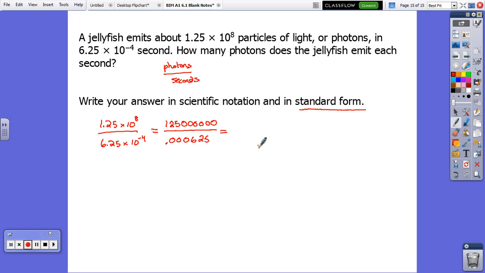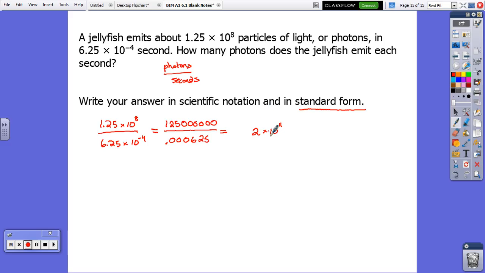So now if you were to just take a calculator and divide it, so you have 125 with 6 zeros divided by 0.000625, then I end up with 2 times 10 to the 11th. All right, so in that case, that is going to be in scientific notation, all right?